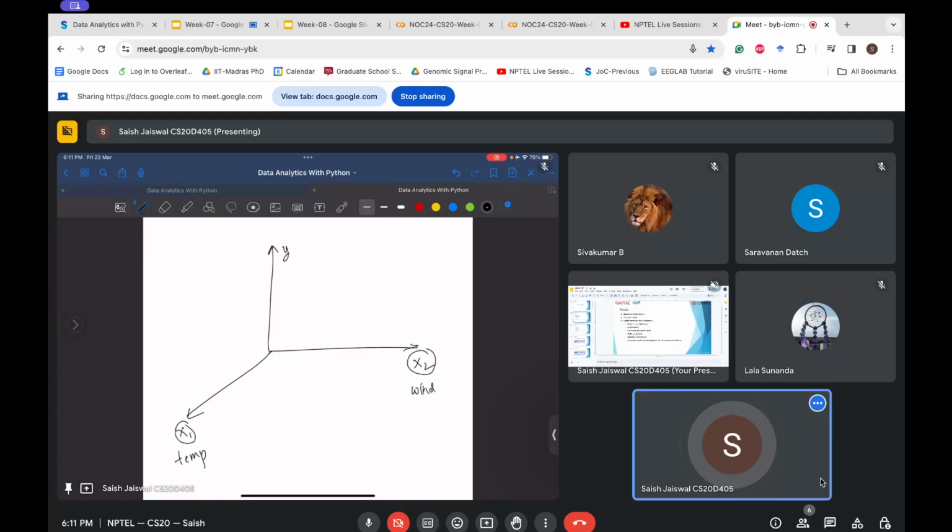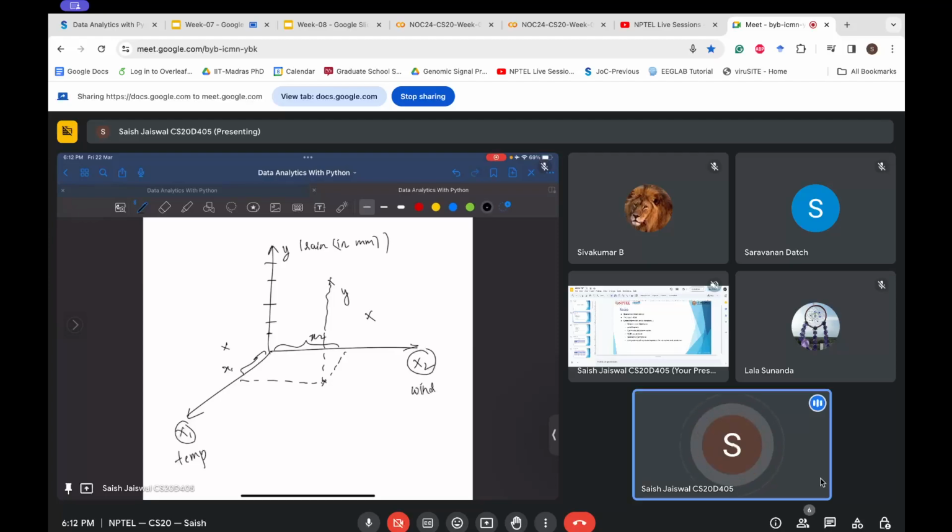Based on this, you have been given x1 values and x2 values, and you want to predict the amount of rain on that particular day, say in mm. So I have been given certain data points collected over time. This is x1, this is x2, and this is the corresponding y value.